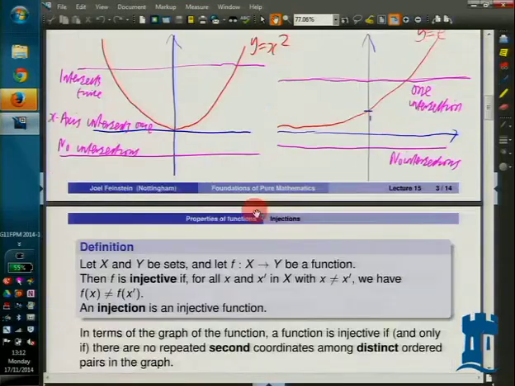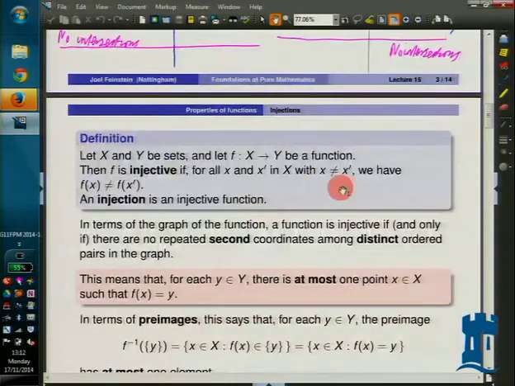Okay, so what is an injective function, or an injection? If in the exam you get asked to say what an injection is, I suggest you use some definition like this one, rather than trying to make up your own. You've got sets x and y, and a function f from x to y. That sets the scene. What does it mean to say that f is injective?